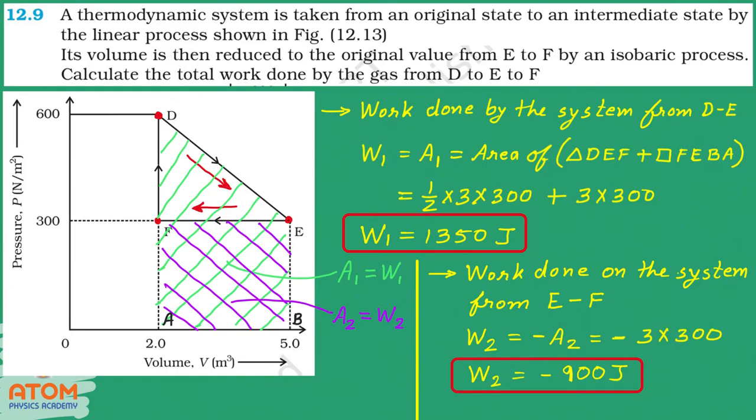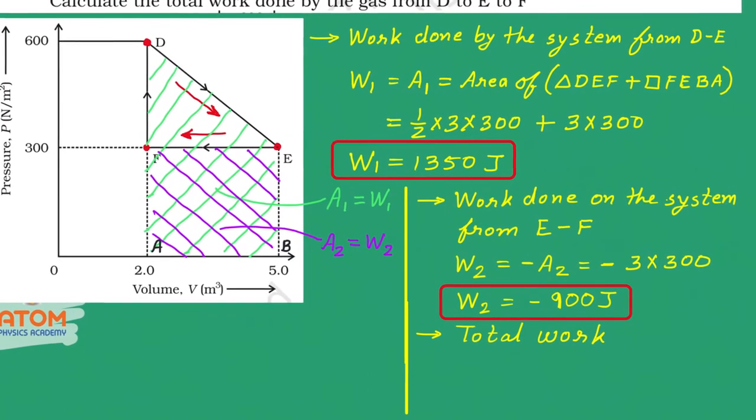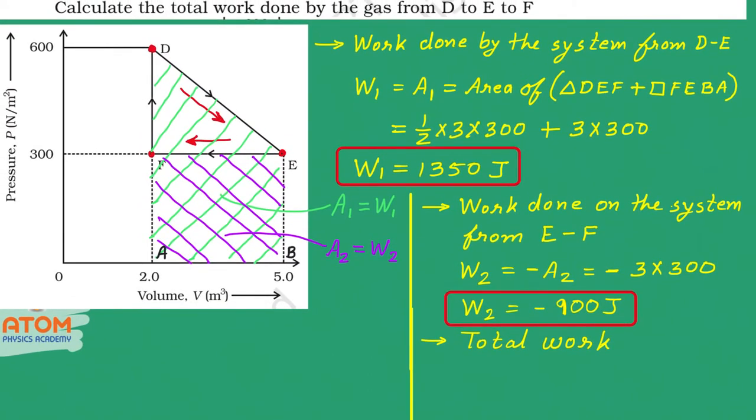Now we need to find the total work. The total work, let us call it W, will be equal to W1 plus W2. That means 1350 minus 900.